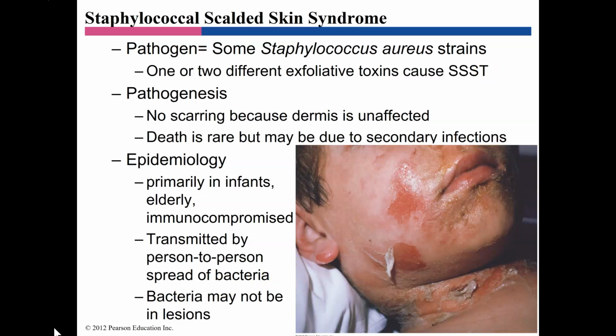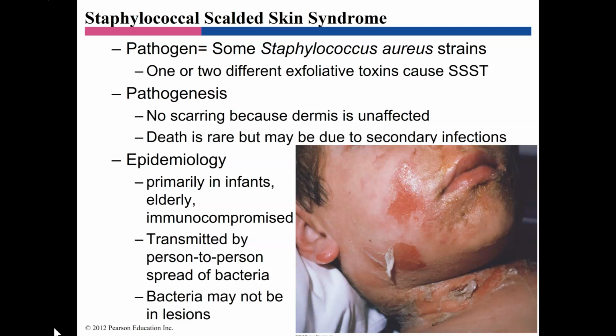Usually, the person can recover from this and there'll be no scarring, but if you get a secondary infection, then you may get a scar because the other organism is causing other types of damage in the skin. Death is rare, but when it happens it is usually, again, caused by secondary infections.